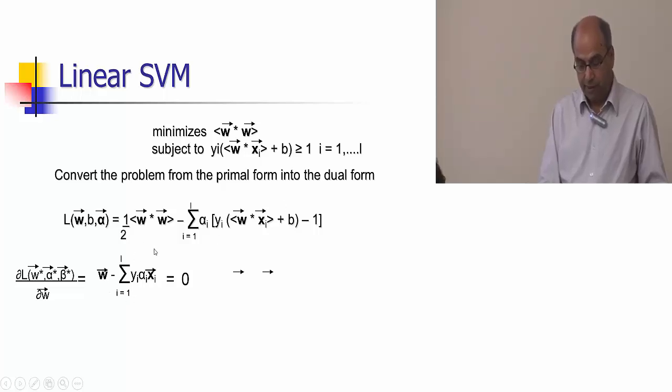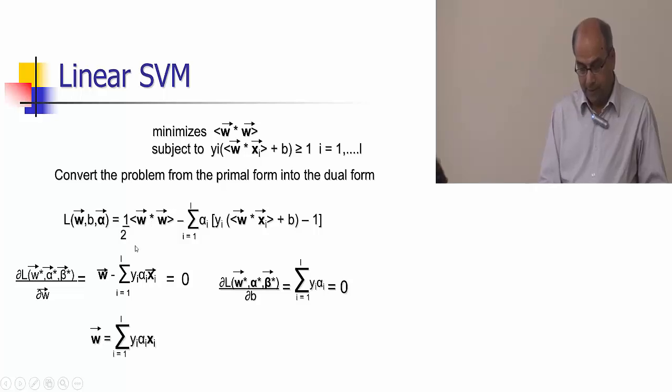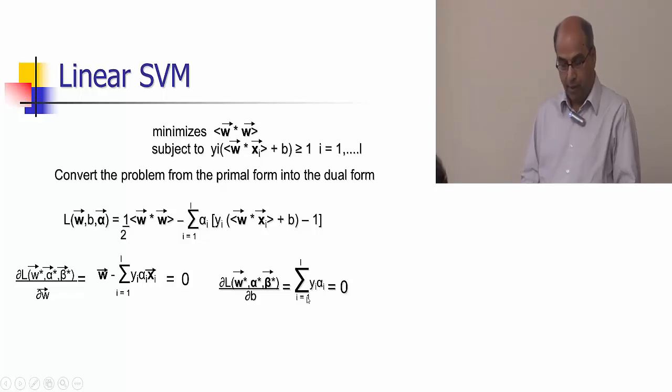Now we're going to differentiate this with respect to b. b is another parameter, and this doesn't have b, and this doesn't have b. The only b is here, so it'll become alpha i, yi, okay? And the derivative of b with respect to b is 1, so it'll become this. The derivative with respect to w has to be 0, the derivative with respect to b has to be 0, so that's what we got.